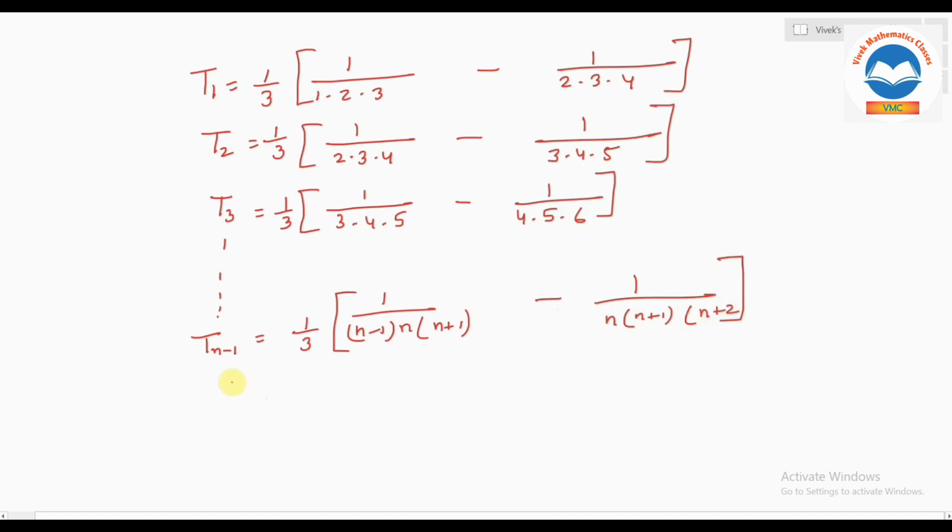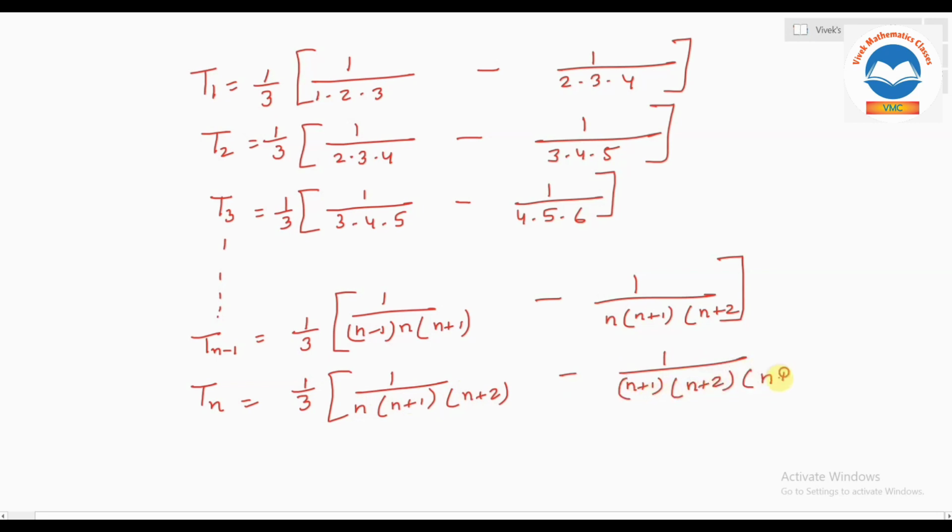Similarly, if you write Tn, already we know Tn will be 1 by n into n plus 1 into n plus 2 minus 1 divided by n plus 1, n plus 2 and n plus 3.